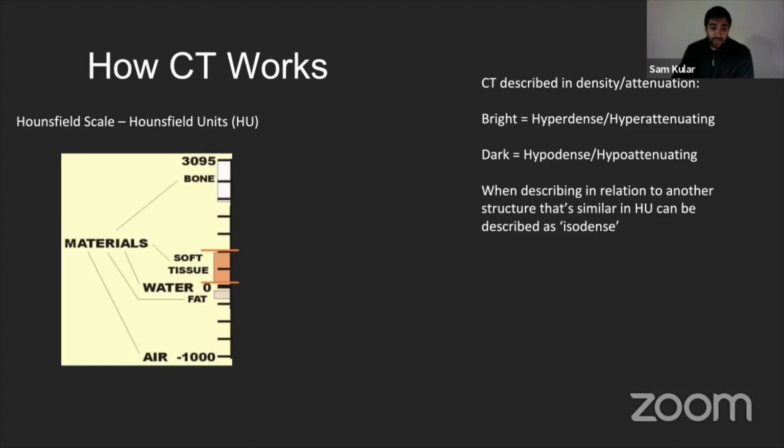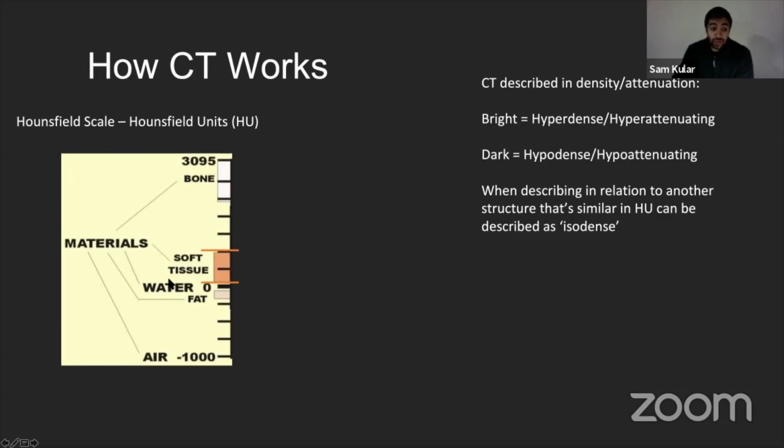So our densest tissues, for example our bones, absorb lots of X-ray, so they have a very high number, into the thousands on this arbitrary scale. Whereas air, where X-rays can pass straight through and don't get absorbed by any part of the body, has a very low number of -1,000. And everything else in between has varying amounts of absorption.